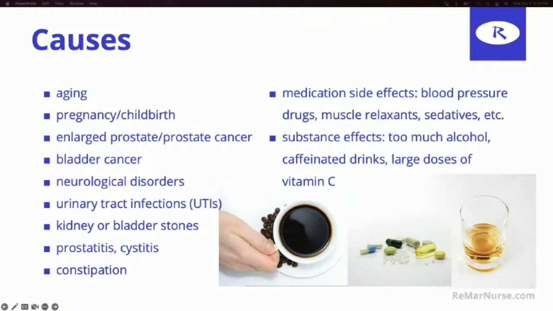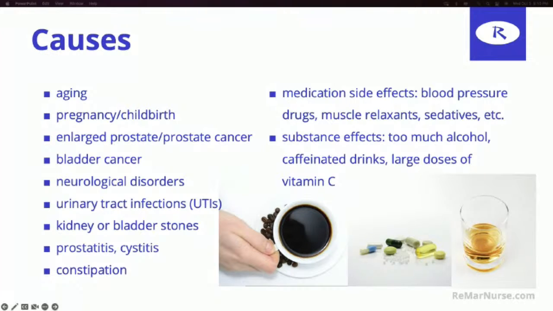I have here enlarged prostate and prostate cancer. You guys have put that in the comments already. I saw bladder cancers as well. We have urinary tract infections, UTIs. They may irritate the bladder, right? That's how UTIs are. They irritate, they cause inflammation.